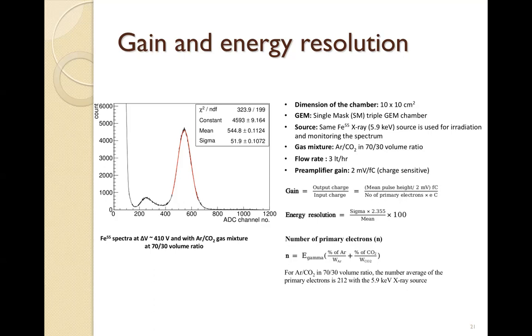So this much energy is required to ionize a gas molecule, to produce one electron-ion pair. Now let's say the energy required for one electron-ion pair is X. Now if you have E gamma of energy, E gamma divided by the amount of energy required for one electron-ion pair production will be the total number of electrons, right? Yes, yes. If there is only one gas.